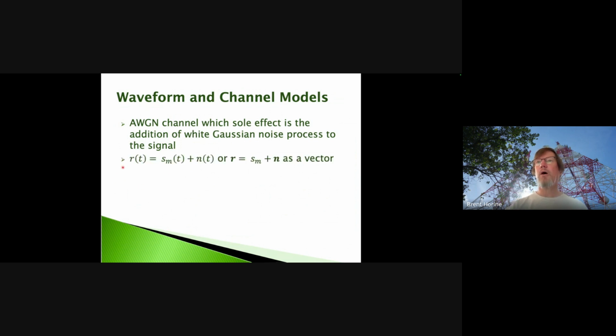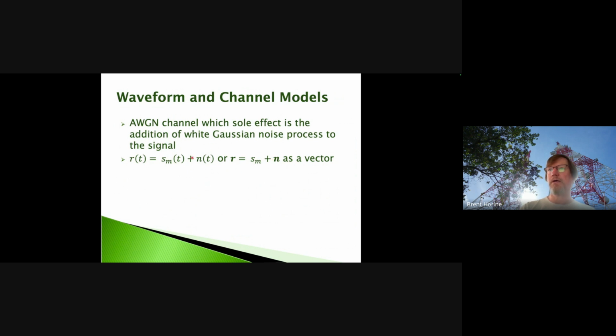So our received signal as a function of time is going to be the symbol that we transmitted plus some noise. That noise is also a function of time. It's a random variable. So we can write this as a vector, where we choose these orthogonal basis functions and that type of thing. So now we can write this as a vector.